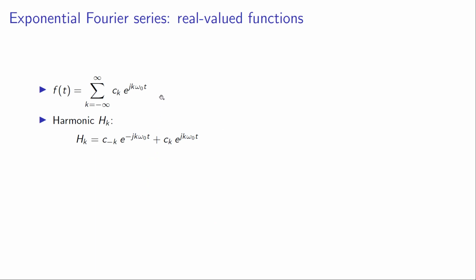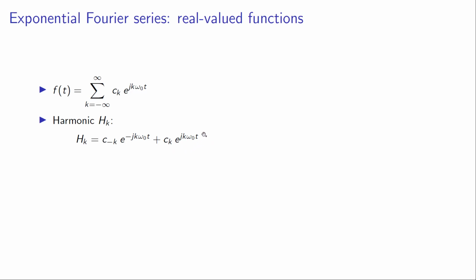So here we have our exponential Fourier series of the function f of t. If we look at harmonic k, and we'll assume here that k is positive, well, in this sum we'll have 2 terms, one corresponding to a positive index k, and one corresponding to a negative index k.